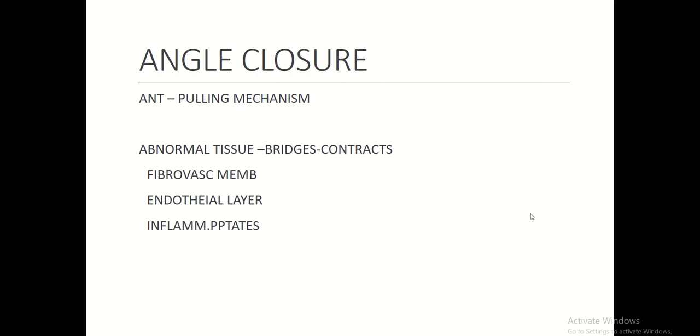So we have finished with secondary open angle mechanisms, right? In secondary open angle mechanisms, resistance can be at the level of the pretrabecular, trabecular or post-trabecular region. Pretrabecular, it could be because of a translucent membrane, epithelial or endothelial or fibrovascular membrane, at the level of the inner side of your anterior chamber angle.